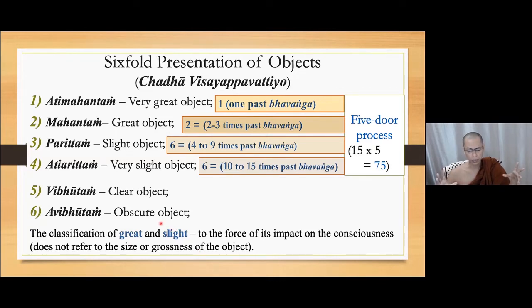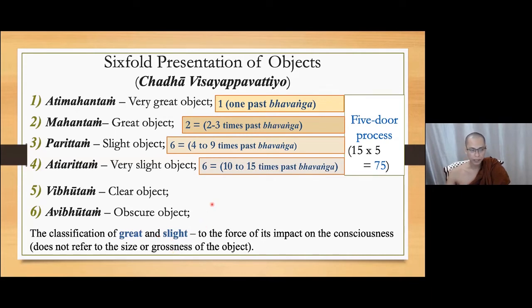Even sometimes the object is very big in its size, and sometimes we cannot see clearly. So that is called the slight object and very slight object sometimes. It does not depend on the size. Or sometimes the sound is very loud, but we could not hear. And at that moment, we can regard that object as slight.